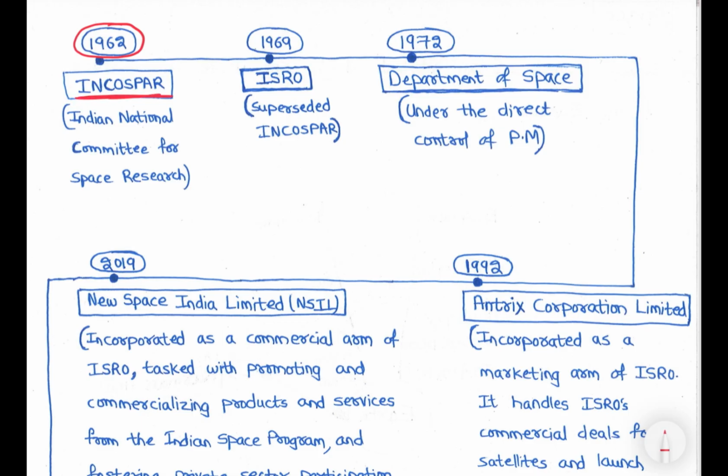So in 1962, the government formed INCOSPAR, that is Indian National Committee for Space Research. This committee, which deals with space, is part of the government, and all the decisions with respect to space and all coordination with government, this committee is doing.